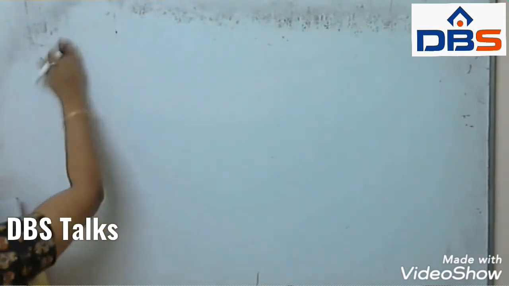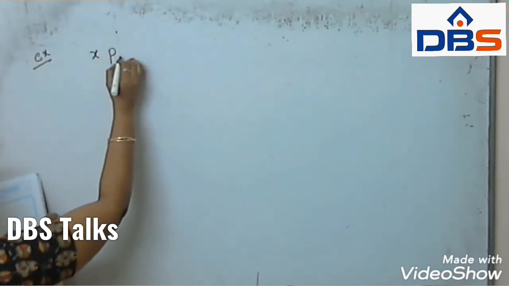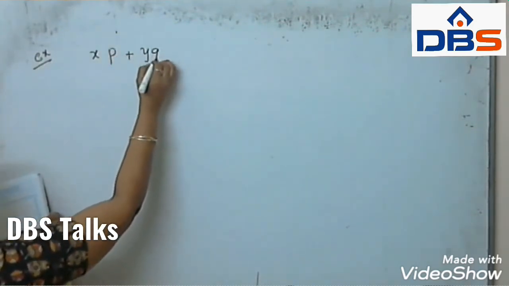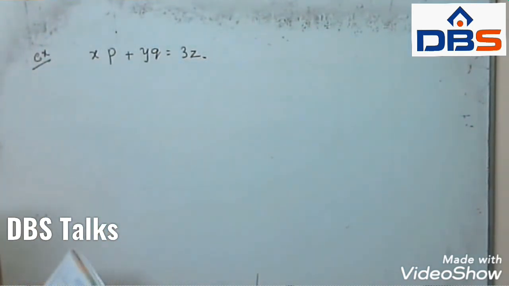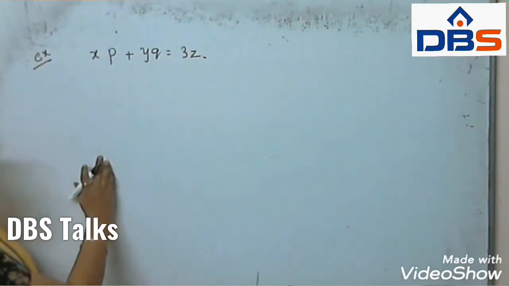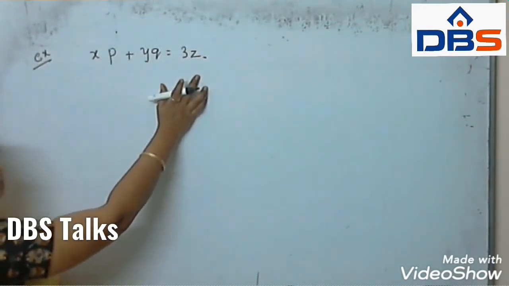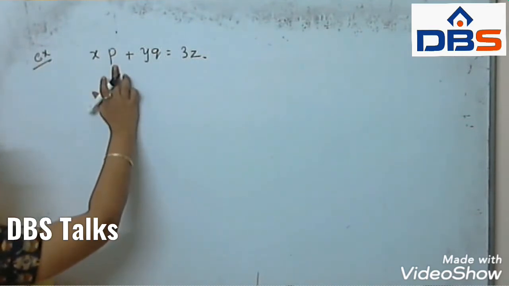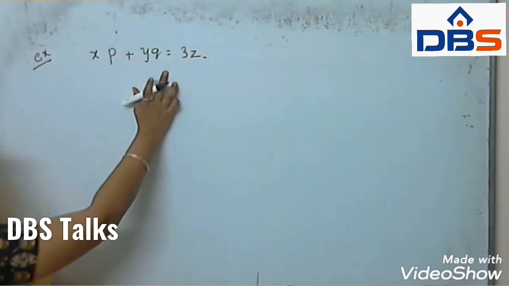Now let us take another example. xp plus yq equal to 3z. This is given directly. This is in the form Pp plus Qq equal to R. Here p means dou z by dou x, q means dou z by dou y. This is a PDE, partial differential equation, not an ordinary equation.